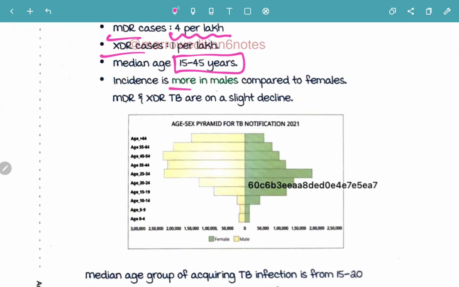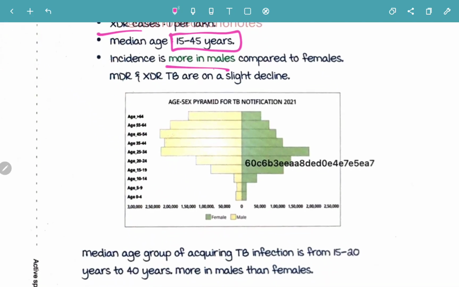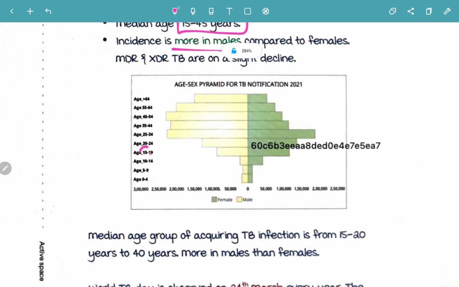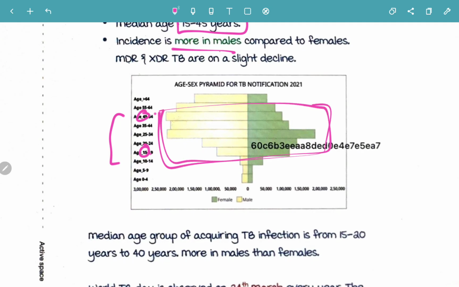The incidence is more common in males as compared to females. So this is the incidence of TB. Around 15 to 45 years, the incidence of TB is more.